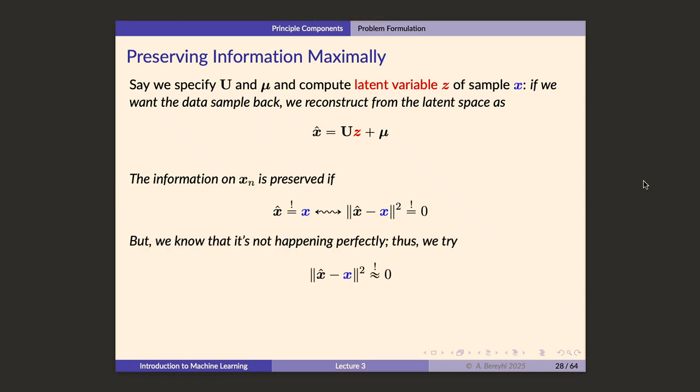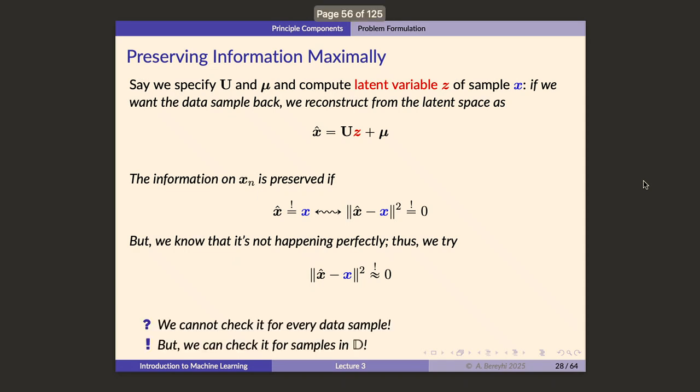But when it's not exact, you would say this is going to be approximately 0. And what does approximate mean here? It means you try to make it as small as possible. You try to find x hat in a way that its distance from x is as small as possible.